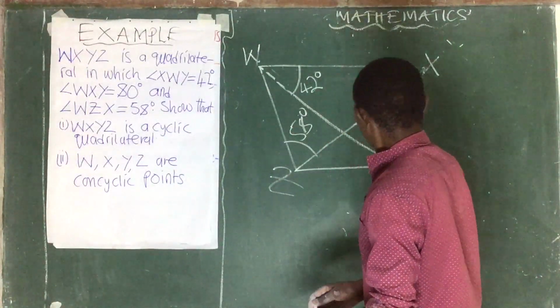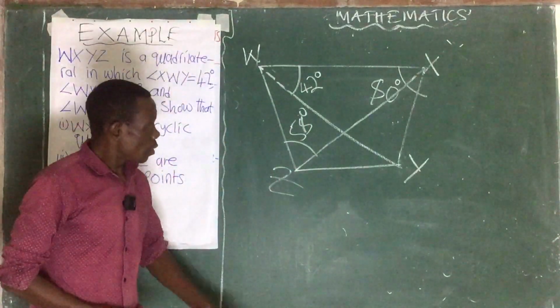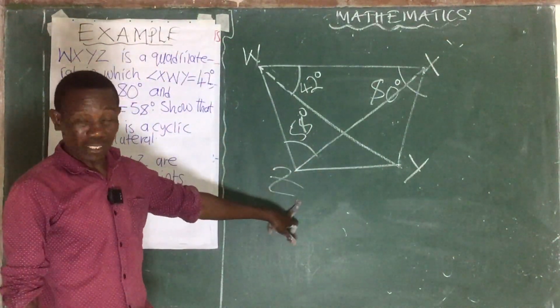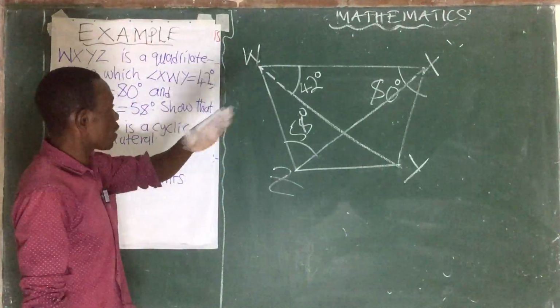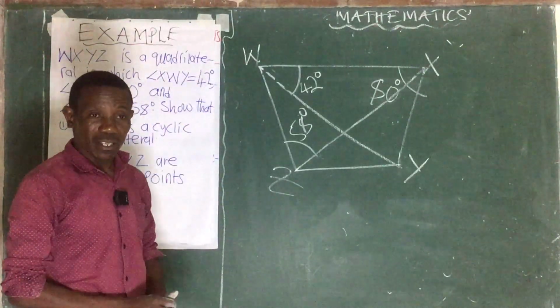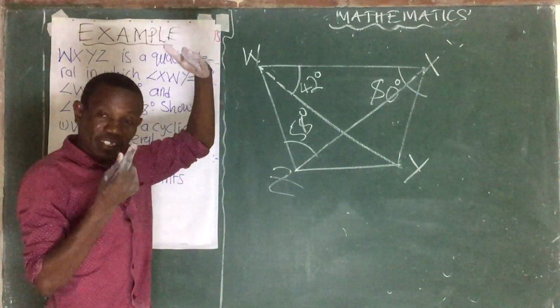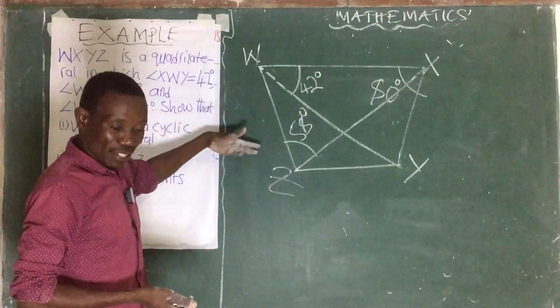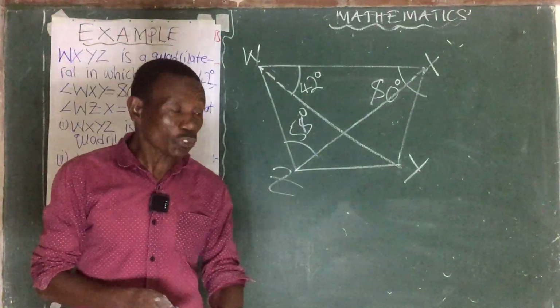Right, so now let's see what we have here. By just the design, the question asks us to show that W, X, Y, Z is cyclic. If you were to choose a condition among the three, you can see by the design that this is more like what we discussed in the first condition.